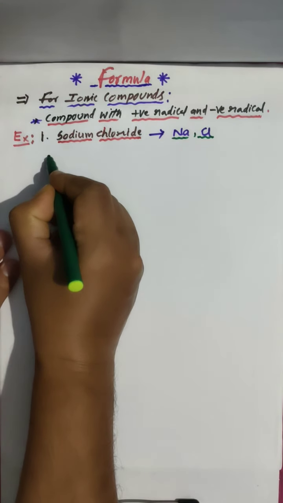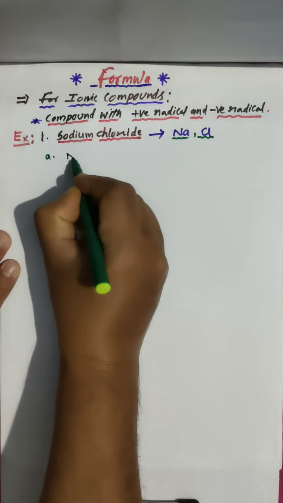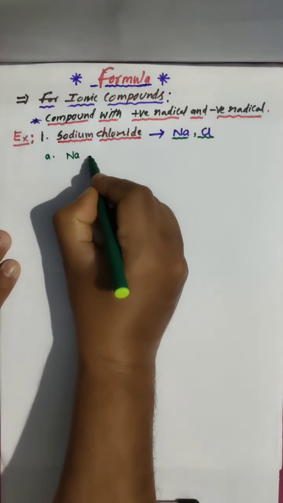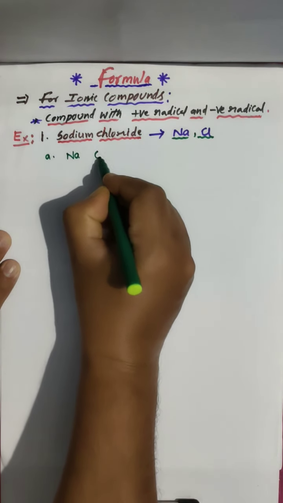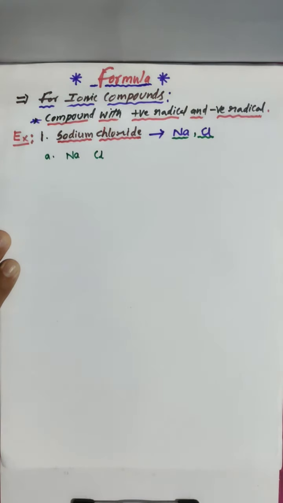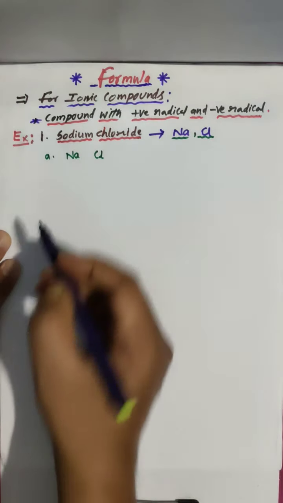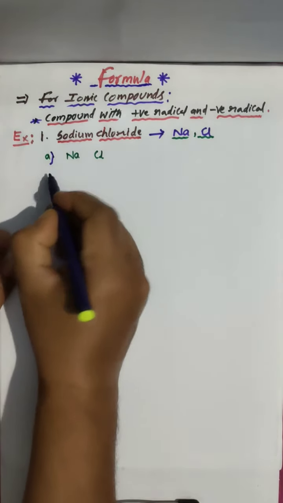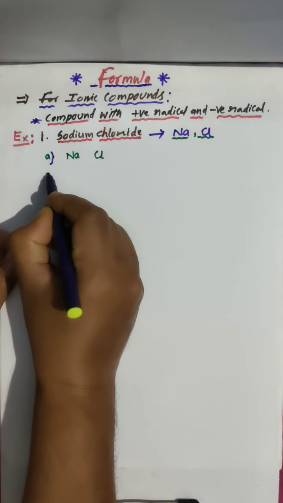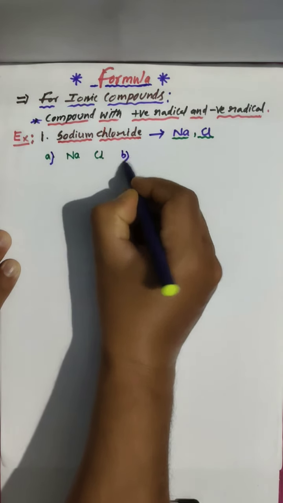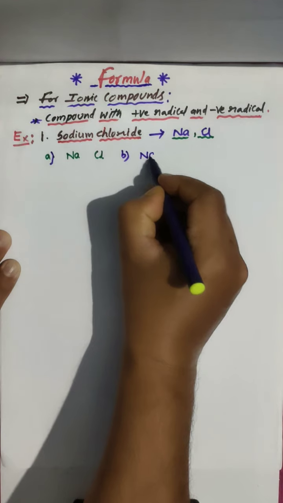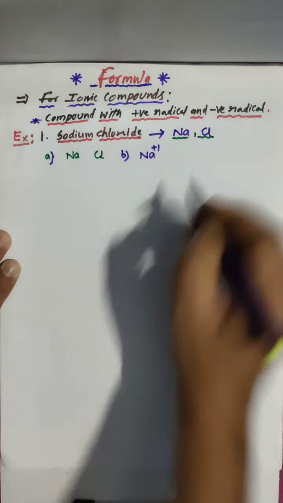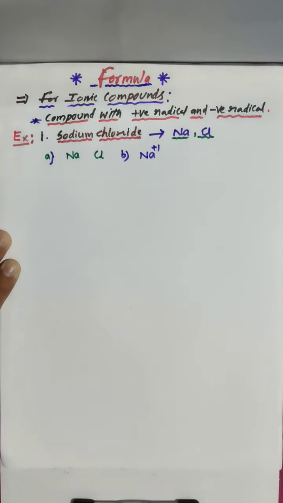So first we have to write the respective symbols of the compound. Then, in the second step, we have to write the charge. You know sodium has a +1 charge, as we learned previously.